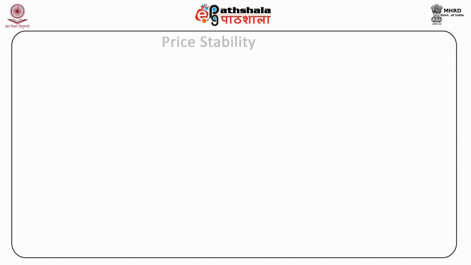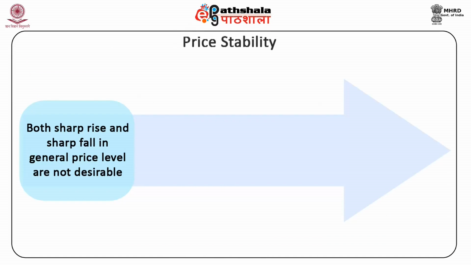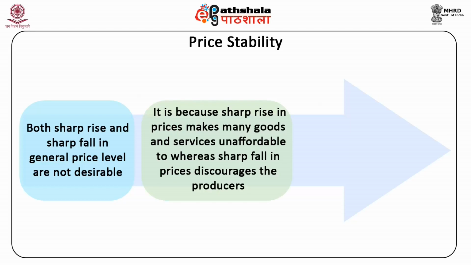Second, price stability. Both sharp rise and sharp fall in the general price level are not desirable. It is because a sharp rise in prices makes many goods and services unaffordable to the consumers, whereas a sharp fall in prices discourages the producers from producing goods and services.